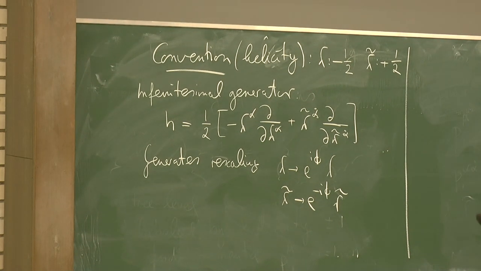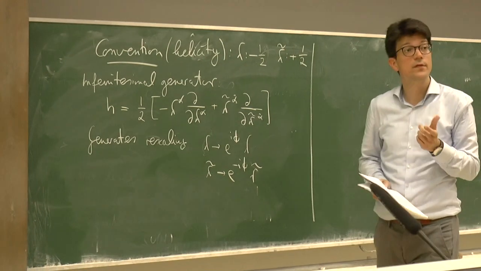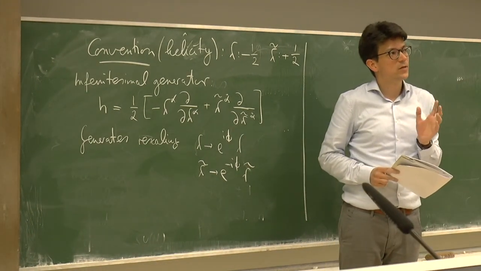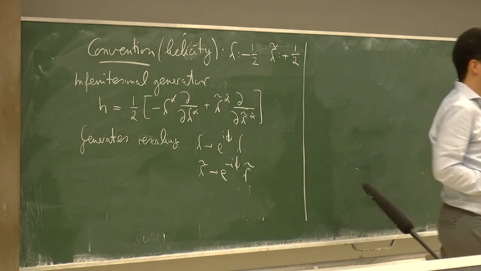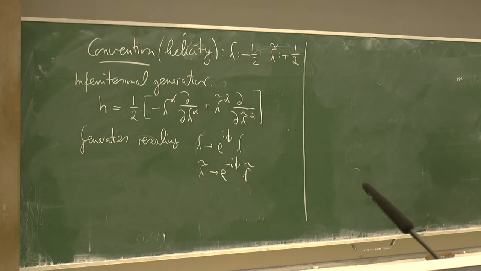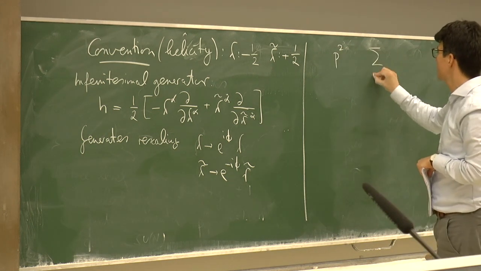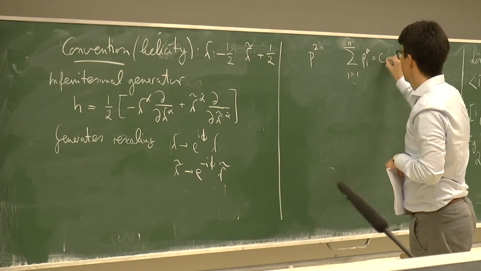Now, one other important point is a practical point: how to work with the lambdas and lambda tildes. So our starting point was an amplitude that depended on n momenta. We now shifted to these new variables. The original momenta satisfied some constraints. They had the mass shell constraint and also the momentum conservation constraint.